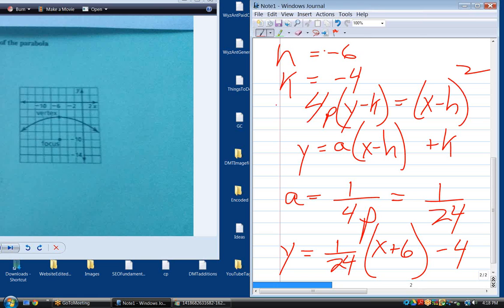If I go through the exact same math, where P is 6, then I have 24 times Y plus 4 equals X plus 6 squared.